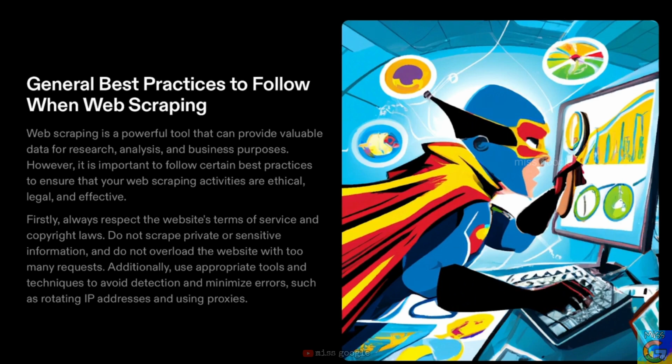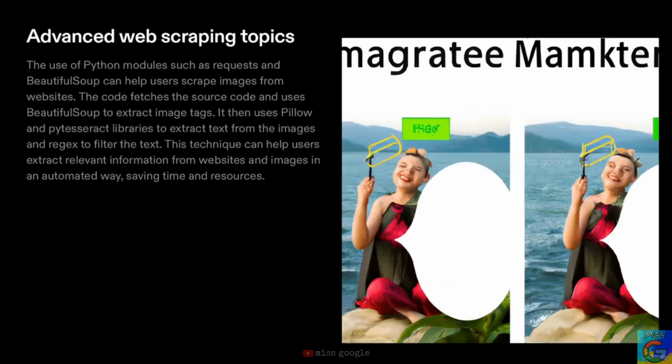Now as the last section, we'll cover advanced web scraping techniques, and this particular section will cover a program that is built using the Beautiful Soup package. The code fetches a source code and uses Beautiful Soup to extract image tags, then uses Pillow and PyTesseract libraries to extract text from the images and regex to filter the text.